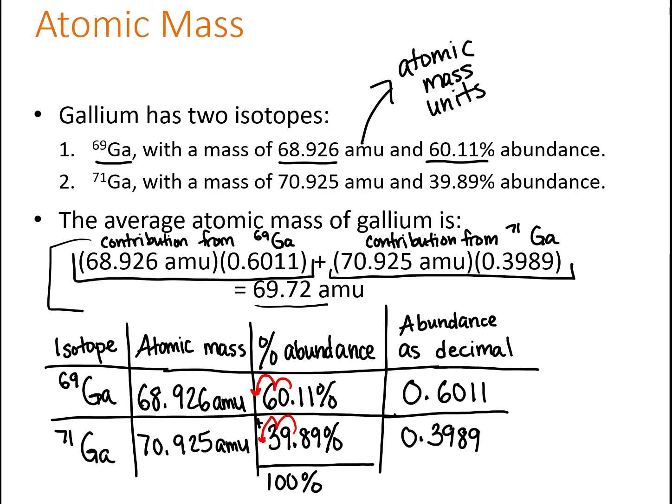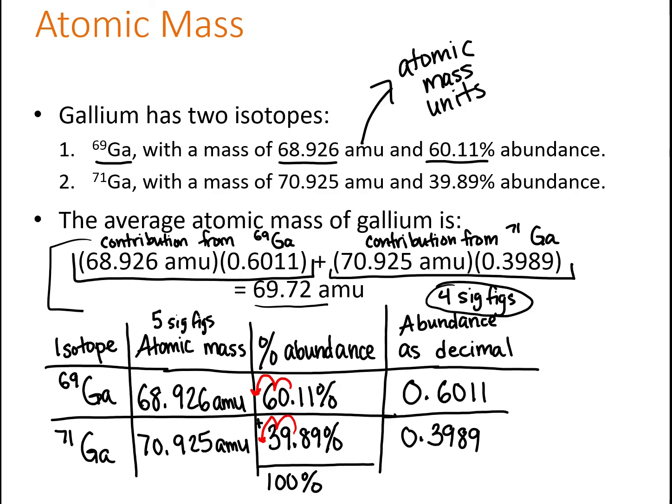In terms of sig figs, we've got 4 sig figs from our abundance, and we've got 5 sig figs from the atomic mass. So the answer has to have 4 sig figs.